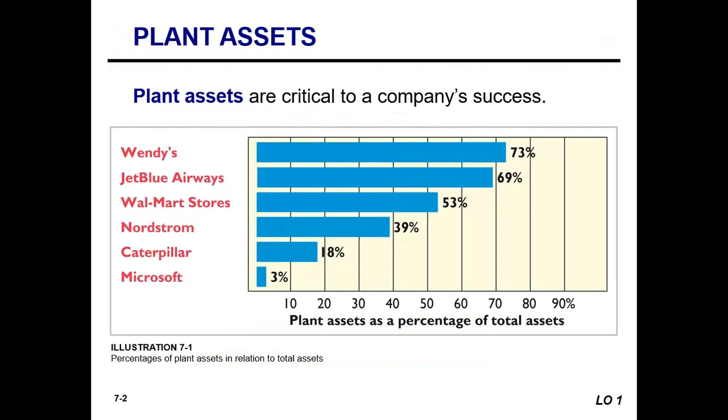Our plant assets as a percentage of total assets is very, very small, much like Microsoft. Whereas look at Wendy's and JetBlue. They need equipment and property and such to perform their operations. So while plant assets are critical to some companies' success, they are not critical to every company's success.